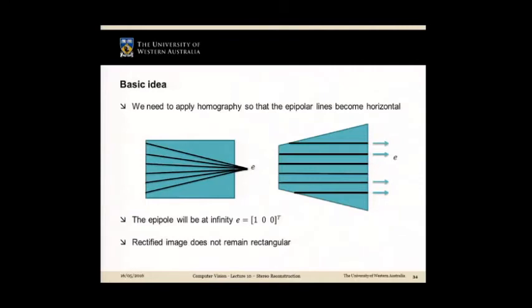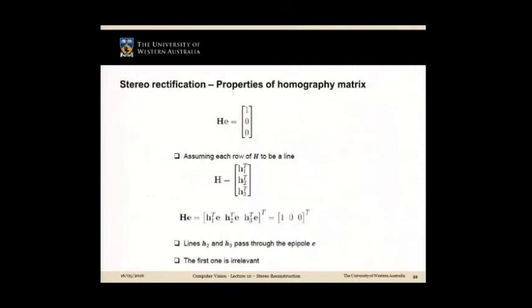We need an epipole at infinity, right? Now, to take that epipole to infinity, we need a homography matrix that will take care of that. Now, if you multiply your homography matrix with the epipole, you should get a point that's at infinity, which is represented by this expression.